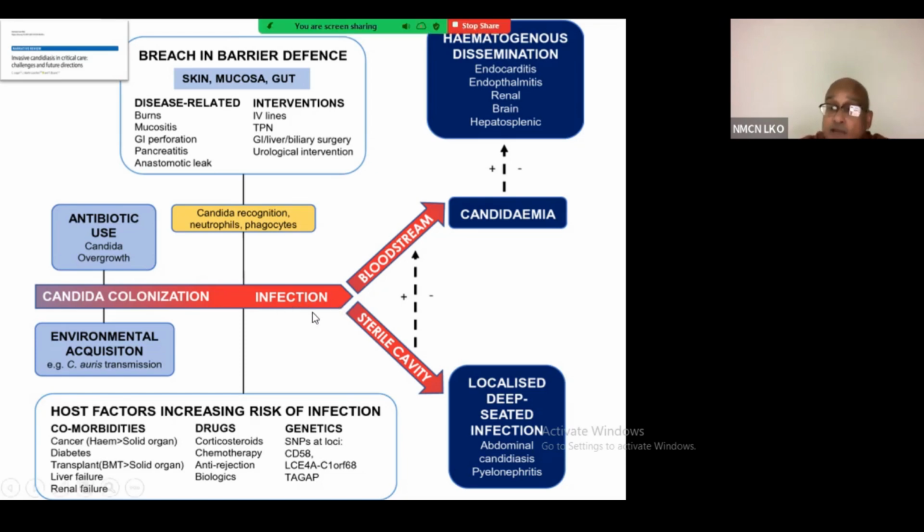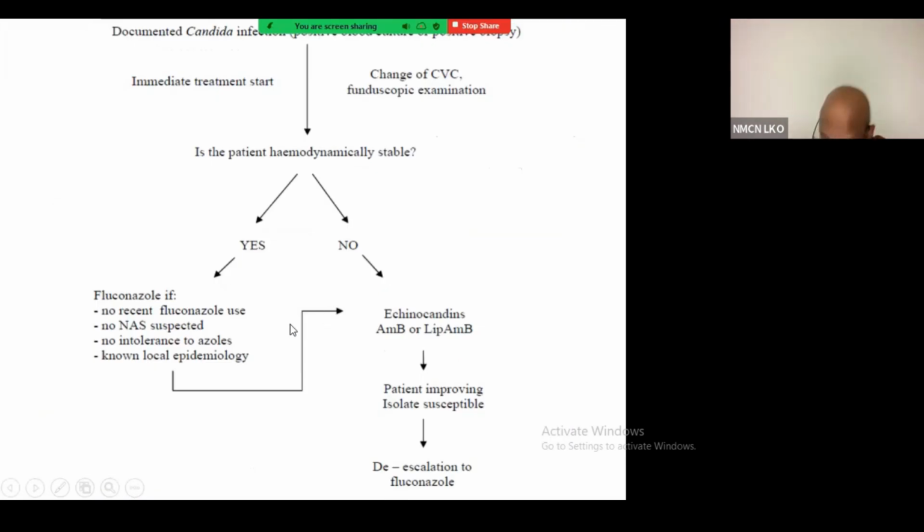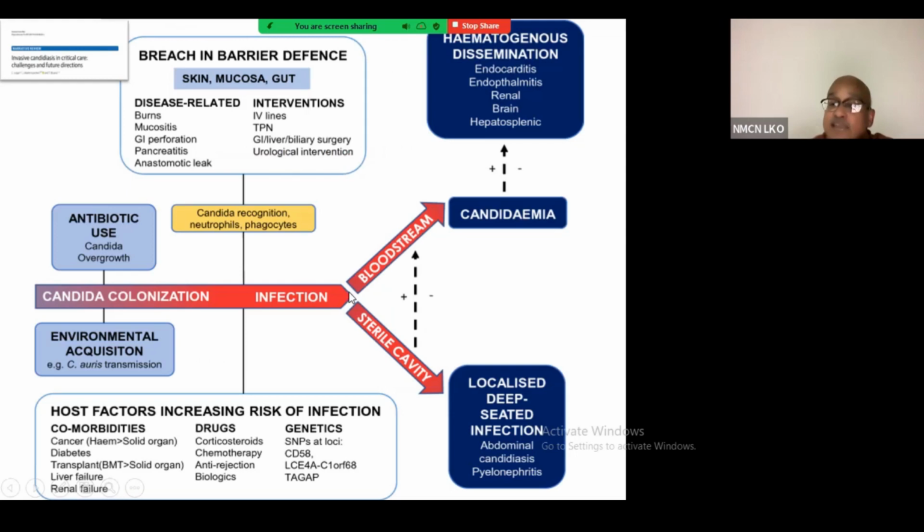And when it is infection, I need to understand in terms of Candida whether it is blood-borne or it is a sterile cavity which is showing Candida. Is it a localized, deep-seated infection like an abdominal candidiasis, or is it pyelonephritis? If it is candidemia, then if the Candida is not clearing from the blood despite therapy, I need to look at a few sites.